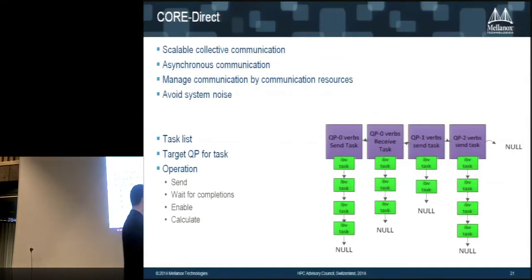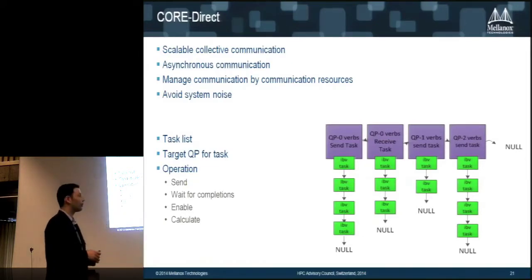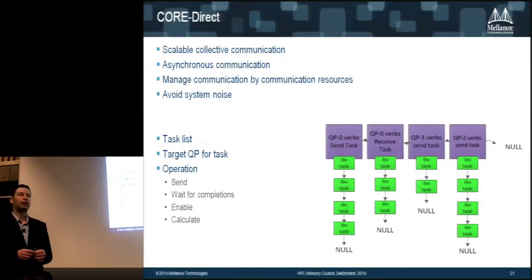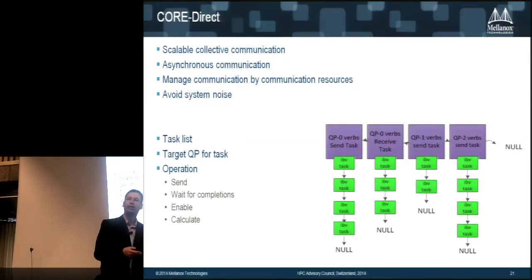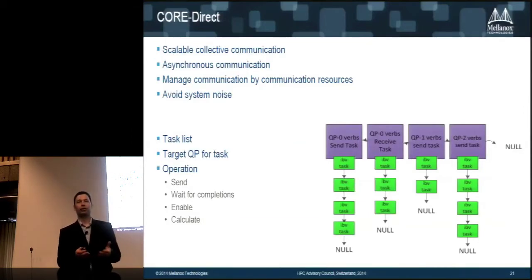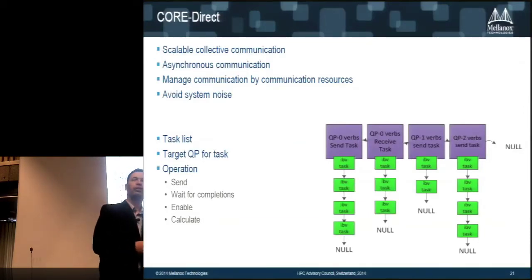So a few examples. CoreDirect is one of the technologies we have to offload collective operations. And basically the concept in CoreDirect is that, similarly to the way you write a computer program, you can write a network program. So you can go to the network adapter and give it a list of operations to be done.